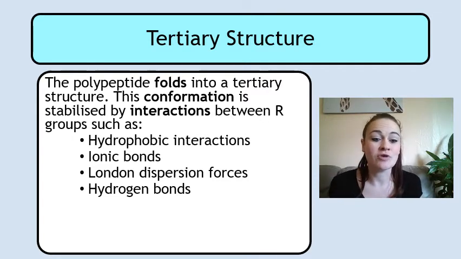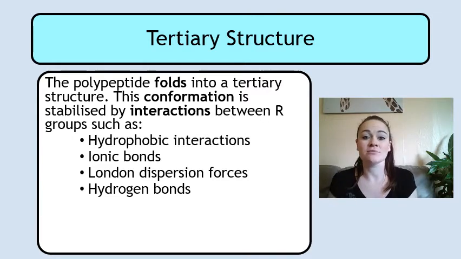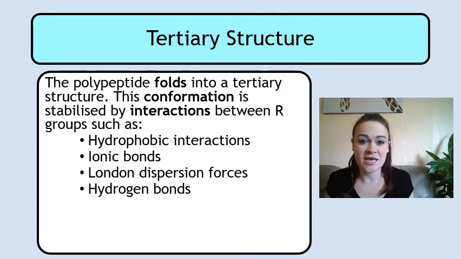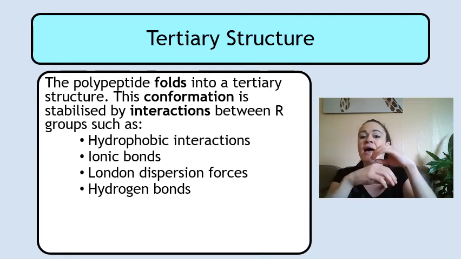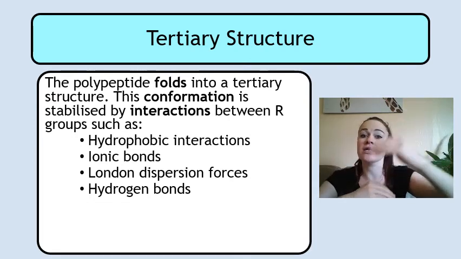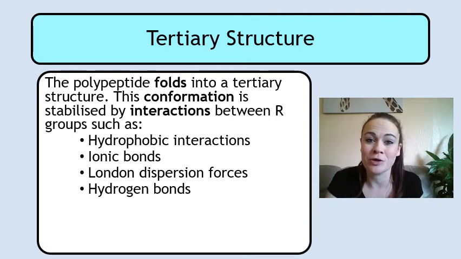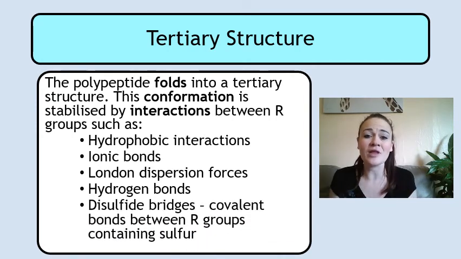And then of course we've got our hydrogen bonds, which will still be evident. They're evident in the secondary structure. More hydrogen bonds will form in the tertiary structure as the protein chain folds over and secondary structures can be linked together with those hydrogen bonds. Our last one is the disulfide bridges, because there are some R groups that contain sulfur.